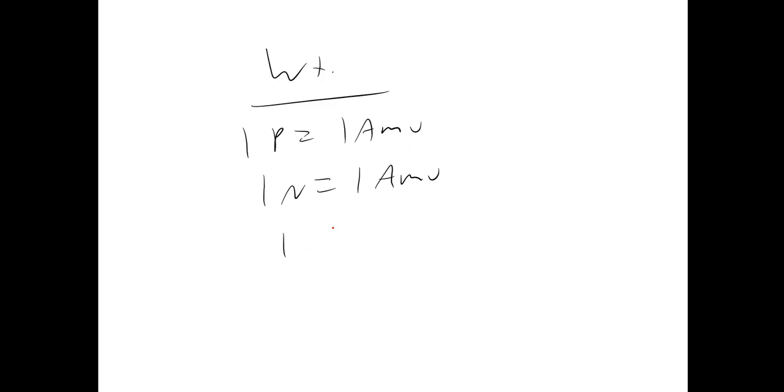So a proton, 1 atomic mass unit, 1 neutron, 1 atomic mass unit. And then if I have 1 electron, for all references, it's a 0. So realistically and in practicality, you only have to worry about protons and neutrons when it comes to weight.